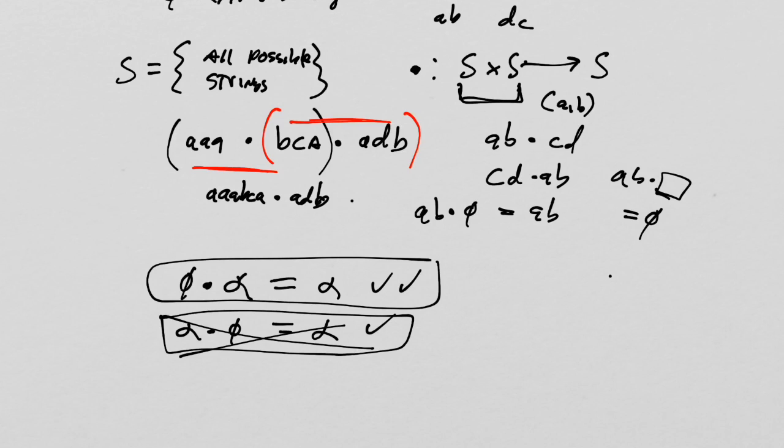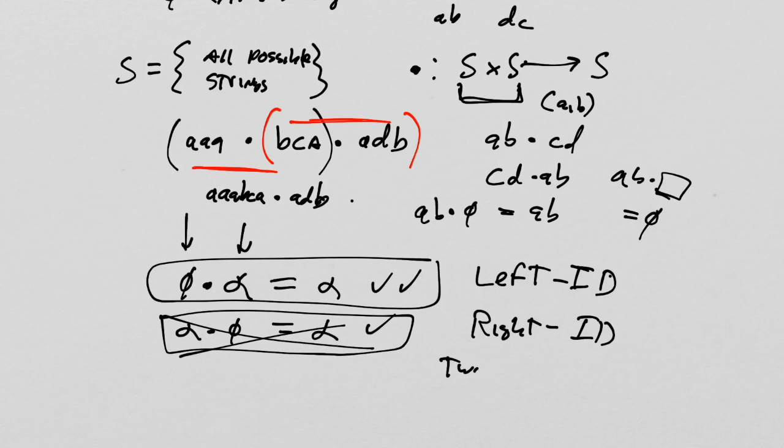In which case, it only works if the identity itself is on the left side, in which case it would be a left identity, or otherwise, it would be a right identity. And you could get a two-sided identity if it's both left and right. So phi here is a two-sided identity.